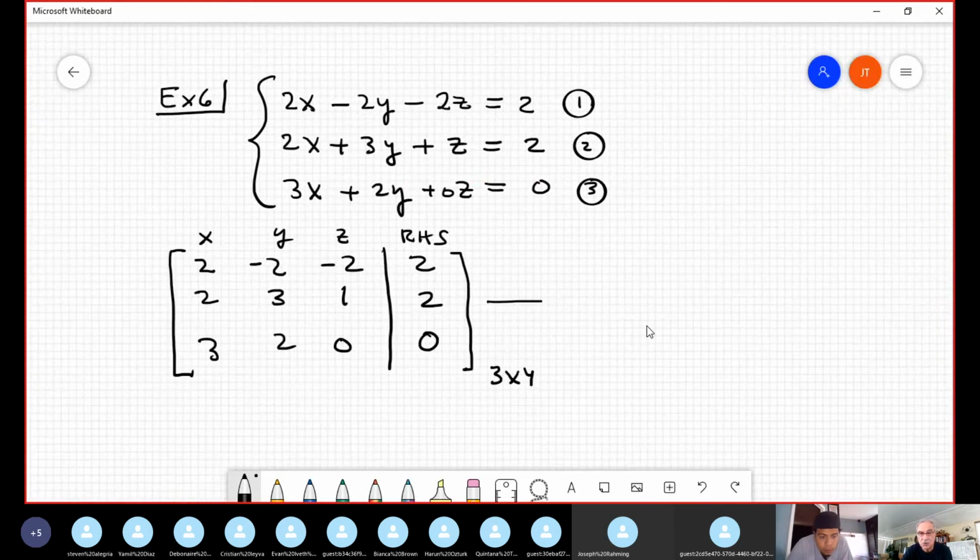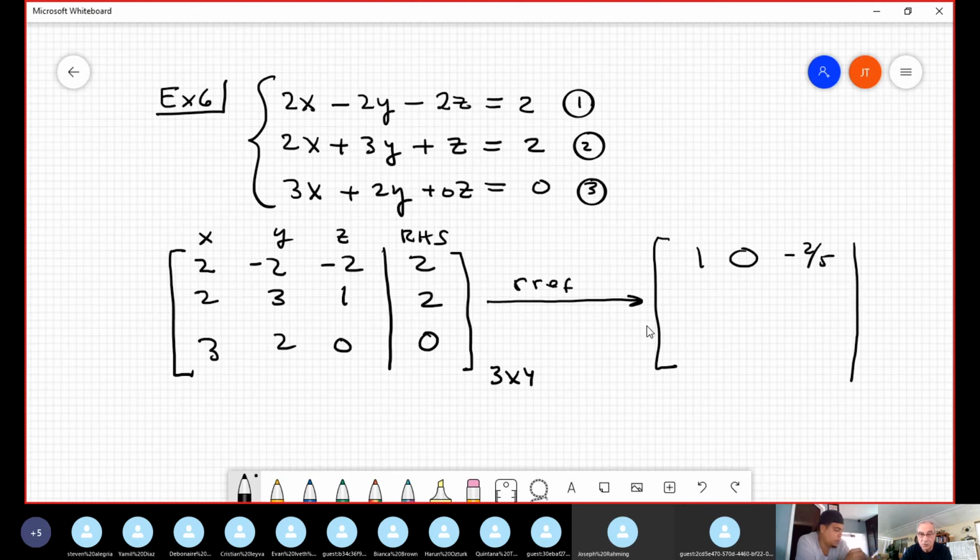After the application of the function RREF, we get this matrix. Look at that. 1, 0, minus 2 over 5. This line, 0, 1, 3, 5, 0, and 0.